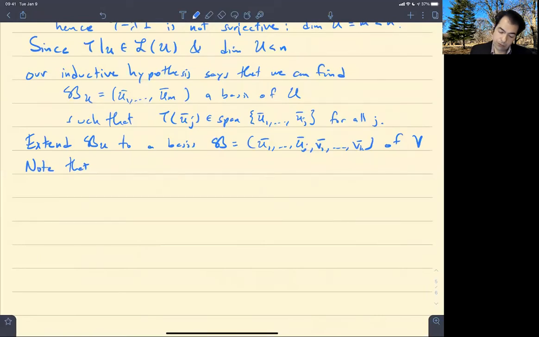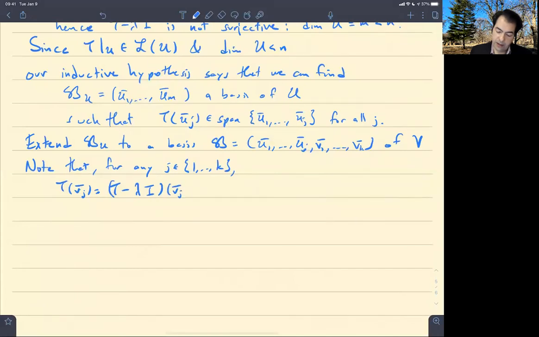So note that for any j in 1 through k, T of vj, here's what we'll do. We'll write that as T minus lambda times the identity applied to vj plus lambda times the identity applied to vj, just like we did a moment ago. Now what I know is that this term is in U, right? This lambda is the same lambda as above, so I get something inside U. And then this one, it's not in U, but it is a multiple of vj.